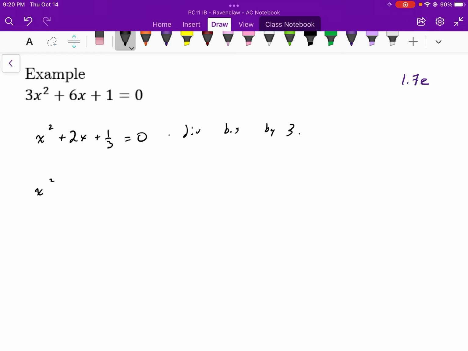If you want, you can say divide both sides by a. The next thing I'm going to do is add the constant over to the other side. So, I'm going to subtract 1/3 from both sides.